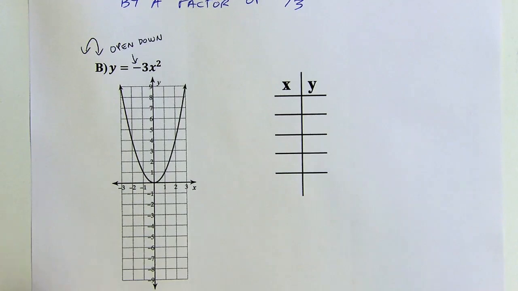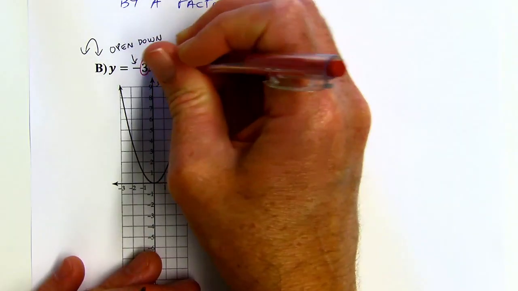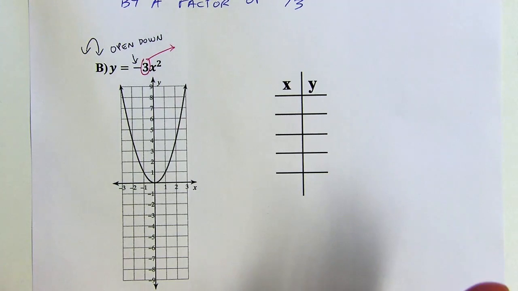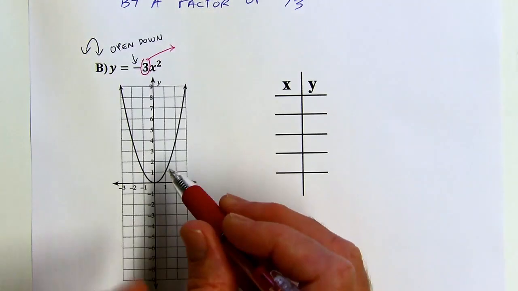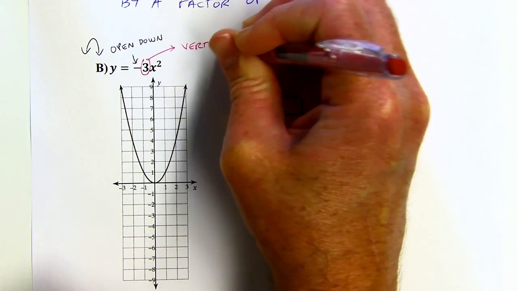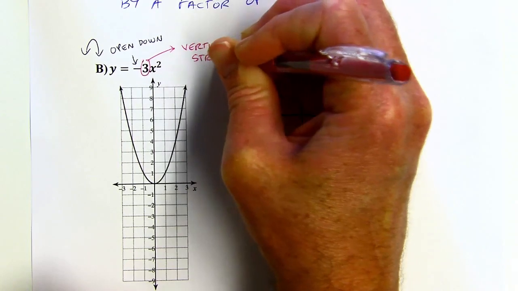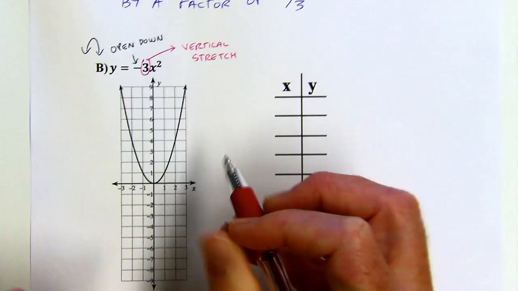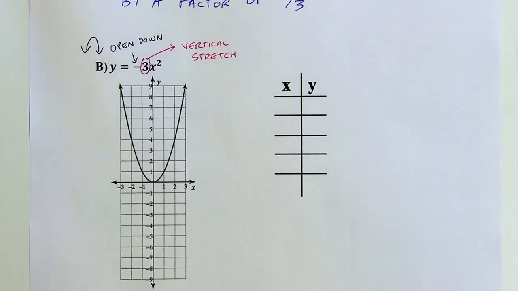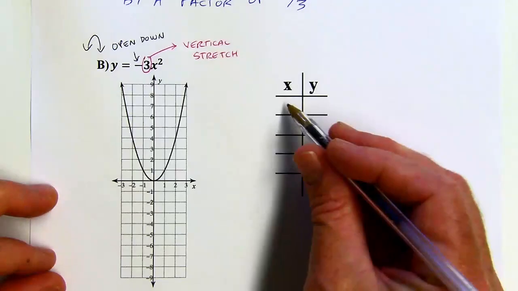Okay, and then the 3, I'm going to kind of look at that separately. The 3 that's a number more than 1, so that means this should be a vertical stretch. Okay, so that means my parabola should look narrower because the points are going to stretch away from the vertex. Okay, but let's try putting some points in.